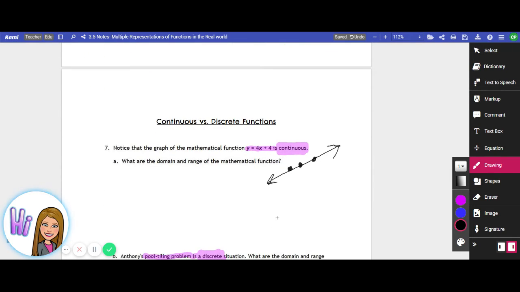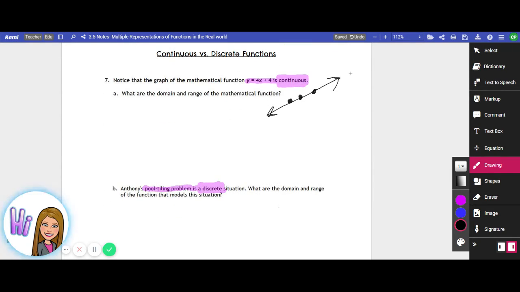Because it has this arrow, it's going to go on forever in the positive and forever in the negative. So this domain is not finite. It doesn't really end. So we would call it the set of all real numbers, and we would write that a certain way.